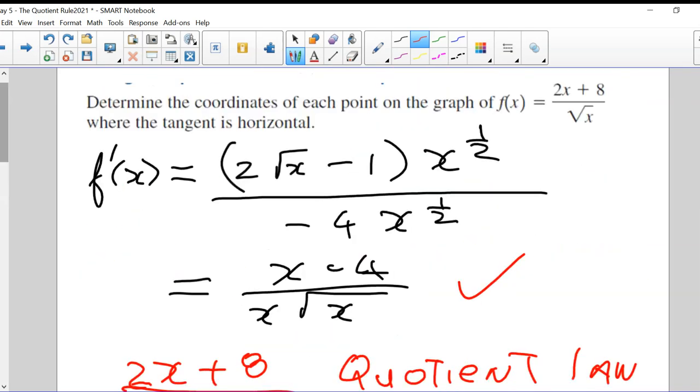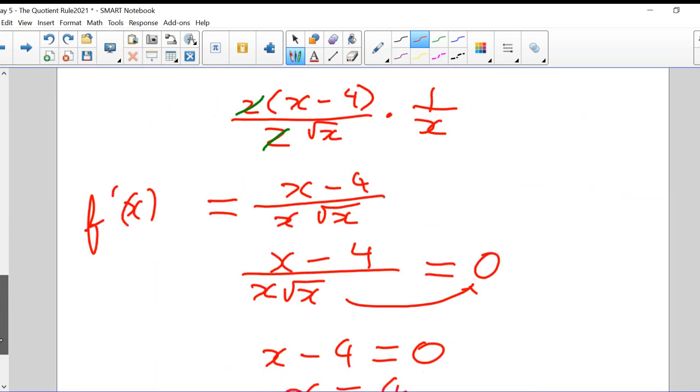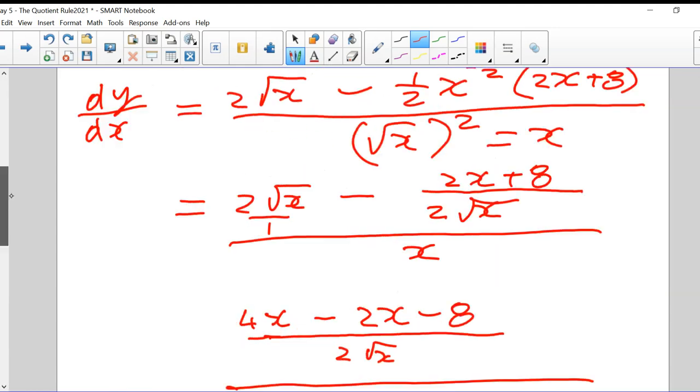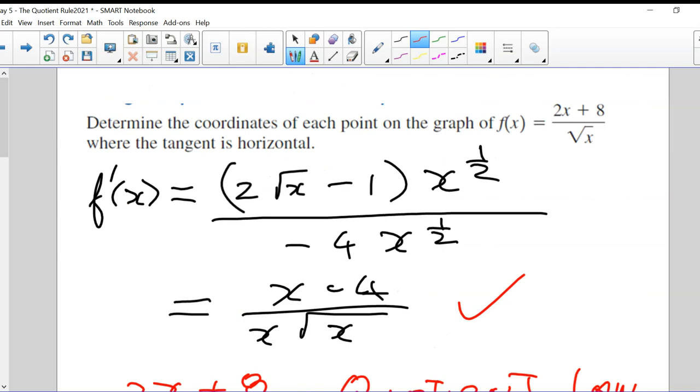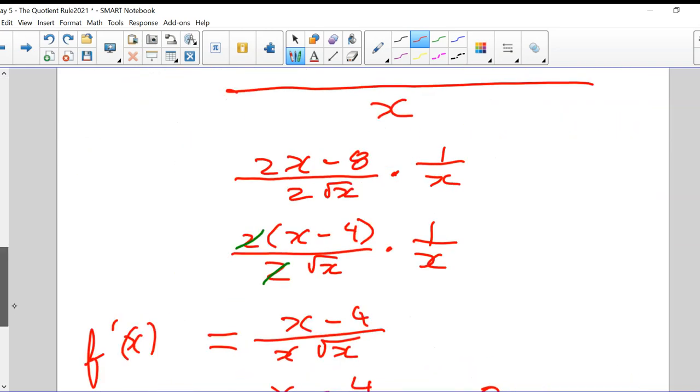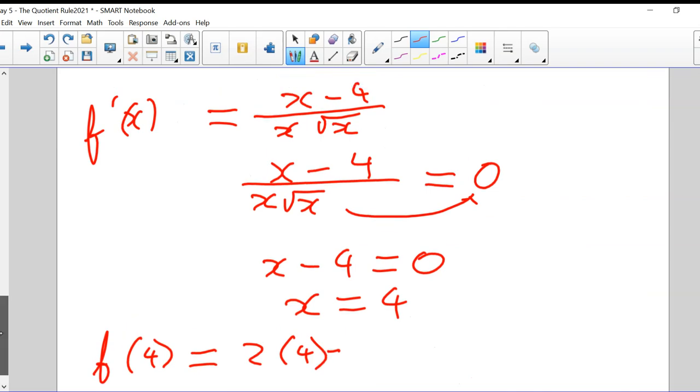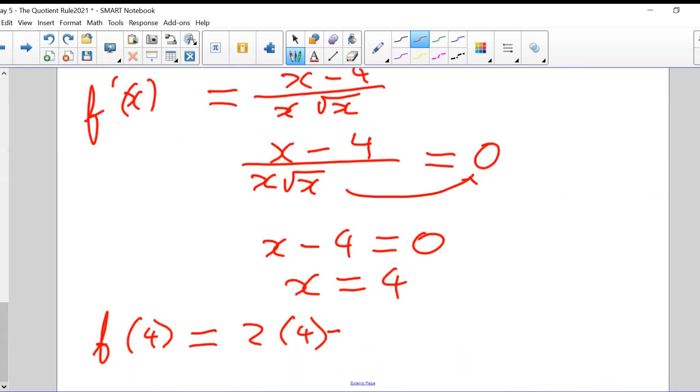So the question was, what is the coordinate of each point on the graph where the tangent is horizontal? We're just getting 1 point when x is equal to 4, but for the coordinates, we have to put that 4 into the original equation to see what the y value is. So it's f of 4, which would be 2 times 4 plus 8, divided by the square root of 4.